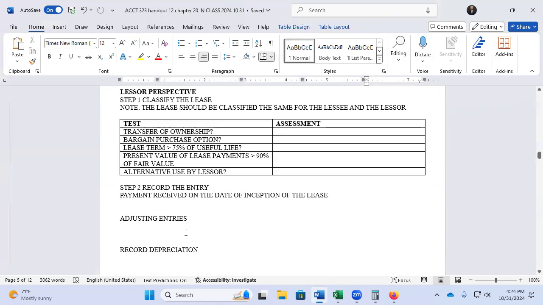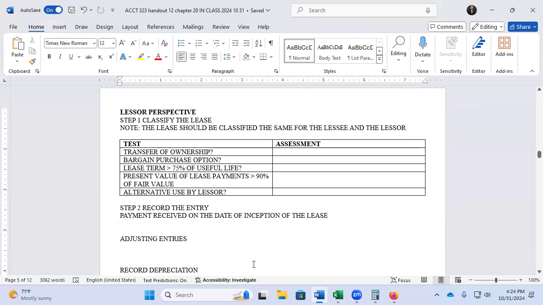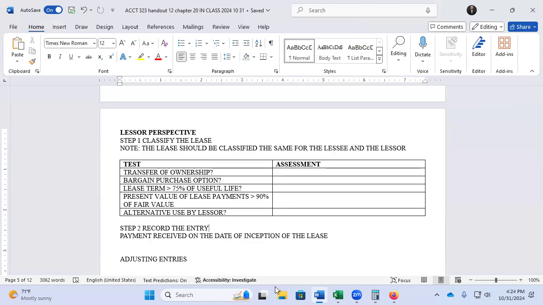All right, so now we're moving to the lessor perspective. Remember, we have the asset on our books, and then we also have the lease payment.